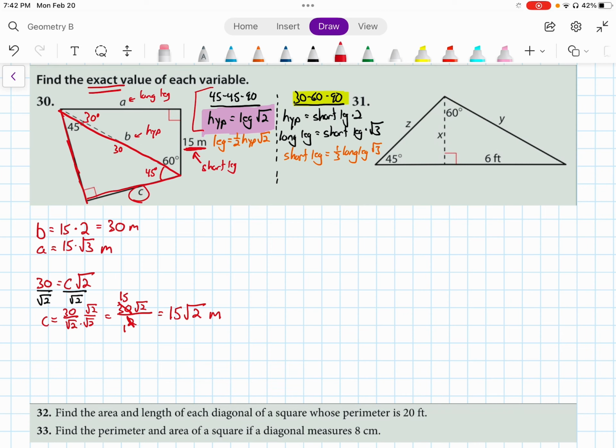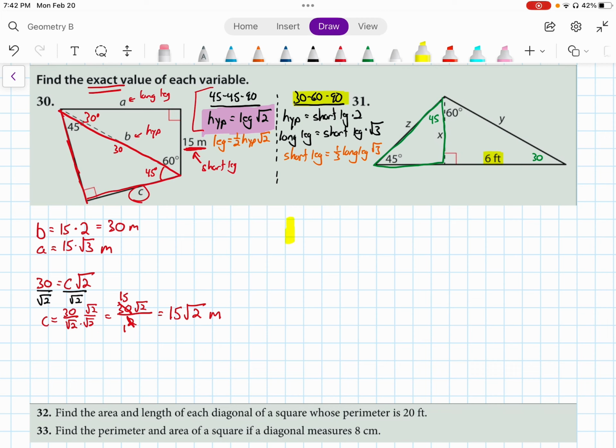All right, number 31, similar concept in that you have a 45, 45, 90 here. So we know this is a 45, and over on the other side, we know this is 30. We are starting with the fact that we know this is 6 feet. So we're over here on the longer leg of the 30, 60, 90.